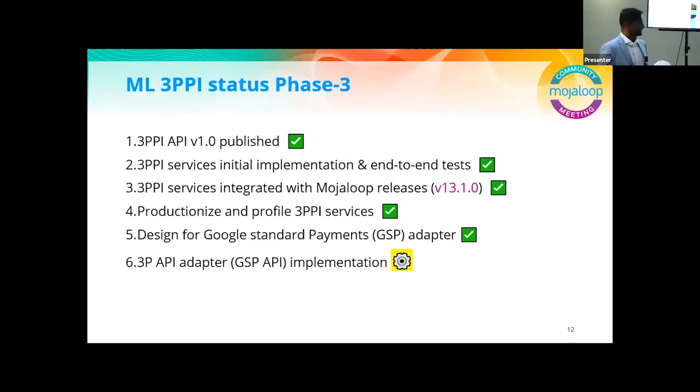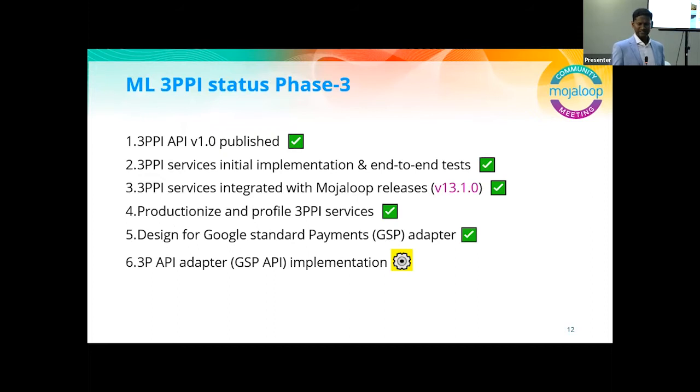So where are we with the third-party features? We have a version 1.0 of the third-party API published. Third-party initial implementation and end-to-end tests are done. As I mentioned, they are now included in the Mojaloop release. So anyone who wants to adopt Mojaloop third-party functionality can get version 13.10 of Mojaloop, or later we have another patch release as well.